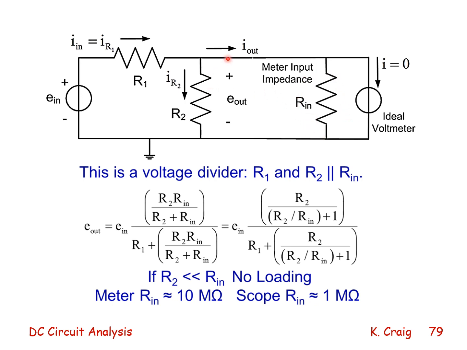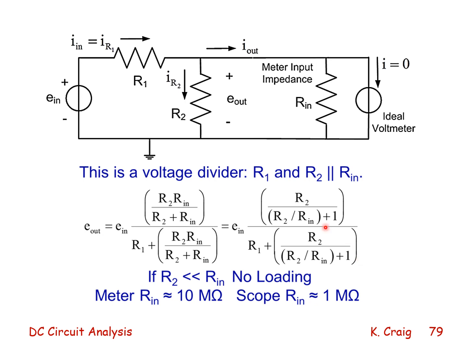So here I out does not equal 0, as some of it, I out, goes through R in. So R2 and R in are in parallel, and R1 then forms a voltage divider with a parallel combination of R2 and R in, as I say here. If I apply that, I get my equation then for E out as E in multiplied by this ratio.